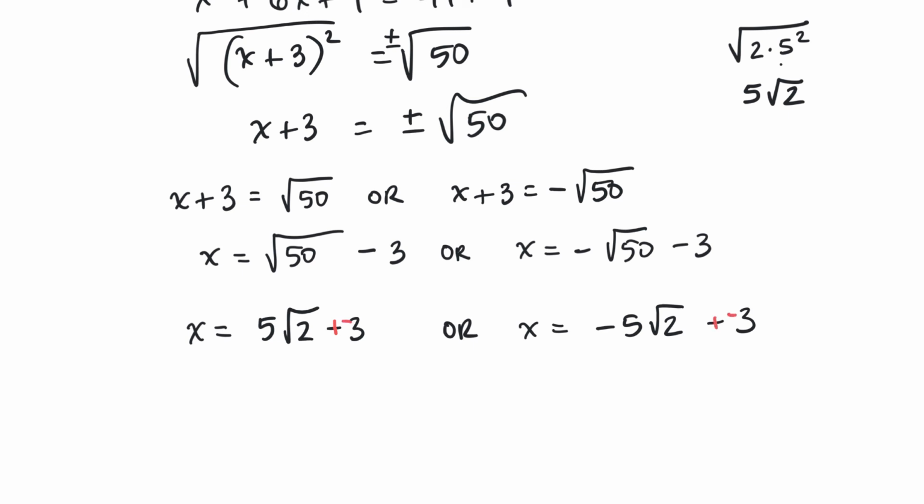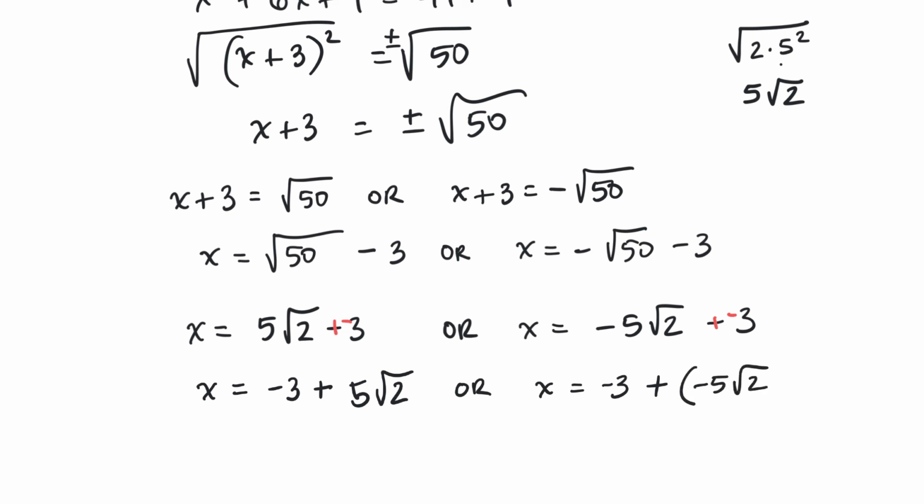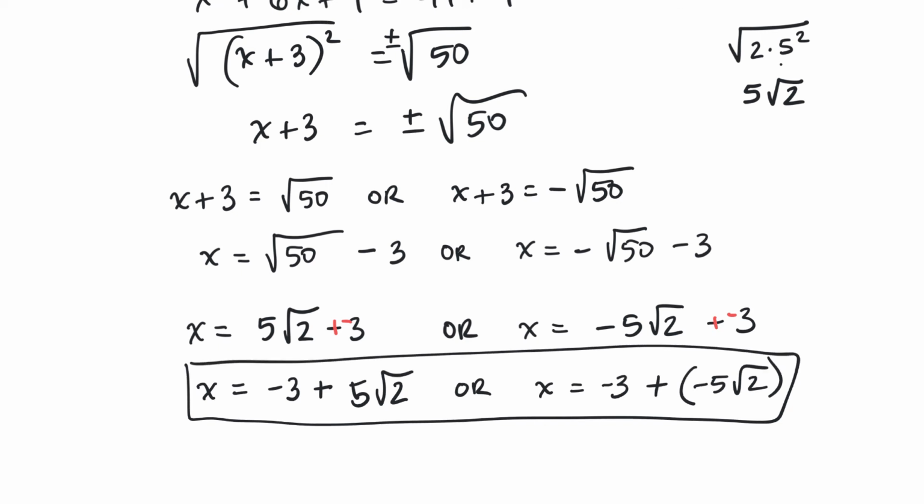And then I'll get this one out front and this one out front and put our square root term at the end of it. So it's x equals negative 3 plus 5 times the square root of 2, or x equals negative 3 plus negative 5 times the square root of 2, just like that. So there's our two solutions.